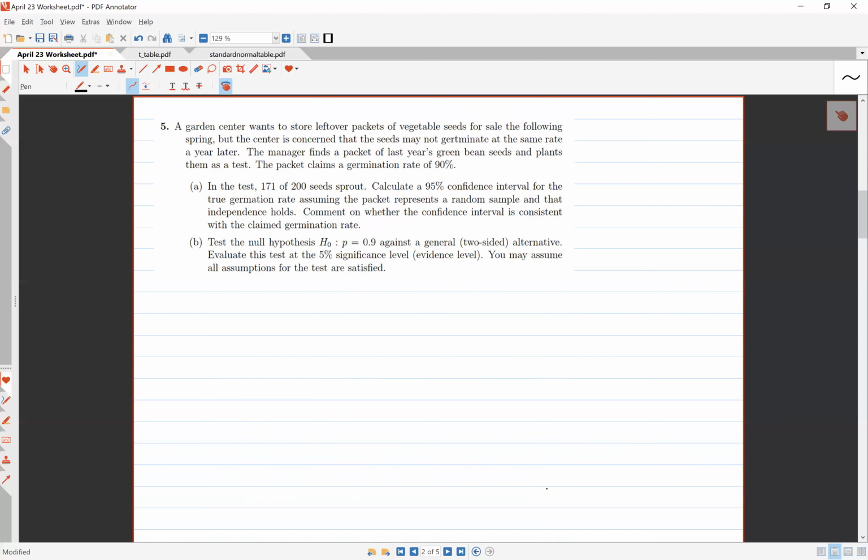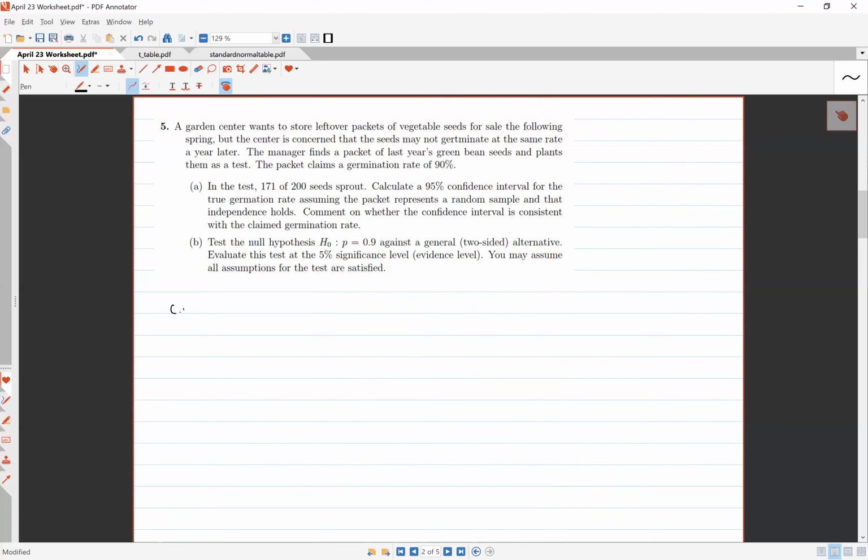In this first example, a garden center has leftover vegetable seeds. They want to store them for the next spring, but they don't know if the seeds will germinate at the same rate a year later. But the manager then luckily finds a packet from the previous year, so takes the green bean seeds from a year ago, plants them as a test, and notes that the packet claims a germination rate of 90%.